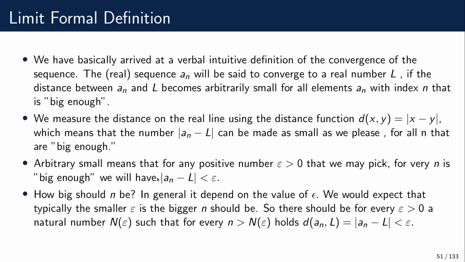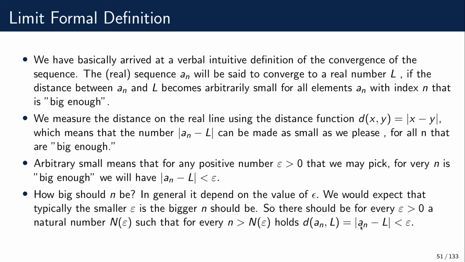So how far I need to go depends on epsilon. There exists some natural number n, which I will call n of epsilon because it depends on epsilon. And then for every n that is greater than this n of epsilon, this distance will be smaller than epsilon. This is a difficult part to understand, but we will see a visualization of this. But this is basically the definition.